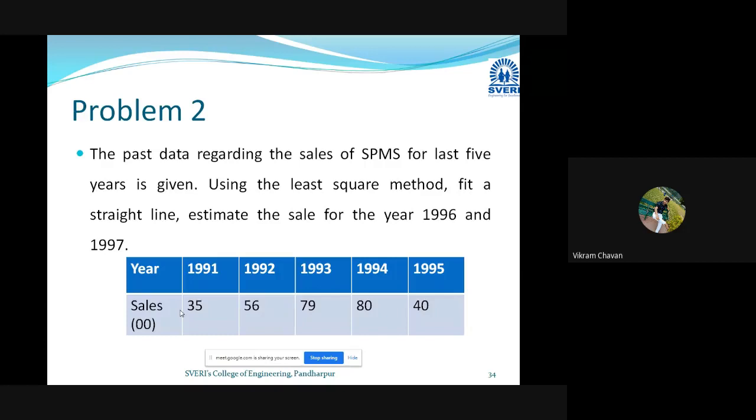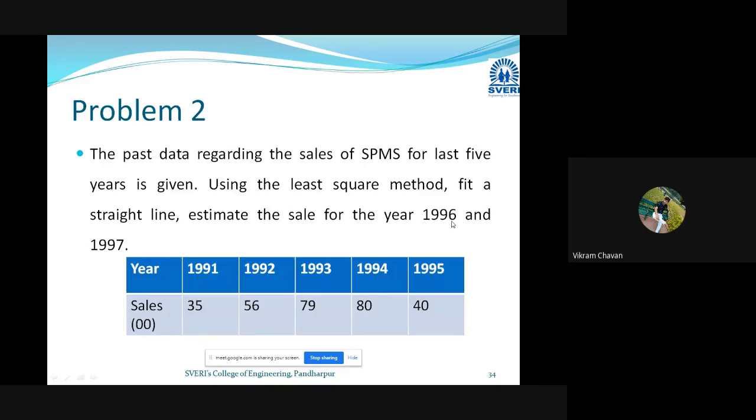Then we have to find out the forecasting for the year 1996 and for the year 1997. For that purpose, the unknown value in the straight line equation is nothing but the x value. So x is nothing but a deviation.